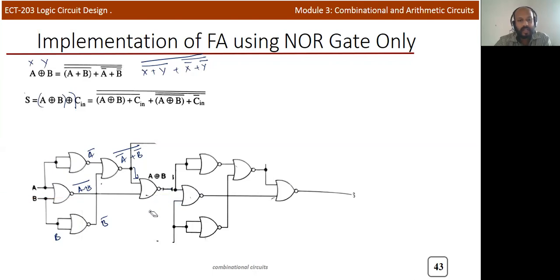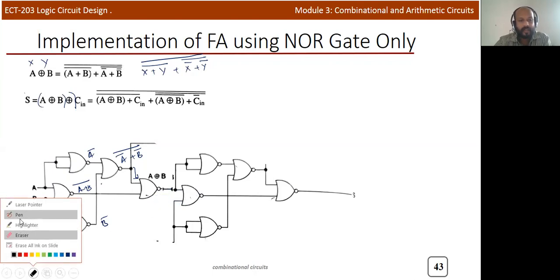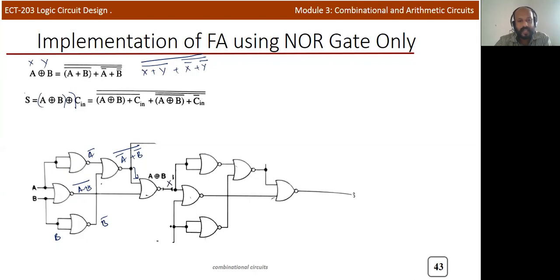the two inputs are X and Y. If one input is X and another input is Y, your final output will be X XOR Y. In this case X is equal to A XOR B here, and the Y input is equal to Cin. Based on that, you can expand this.